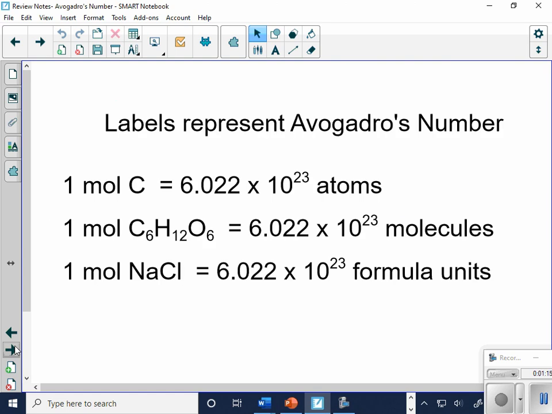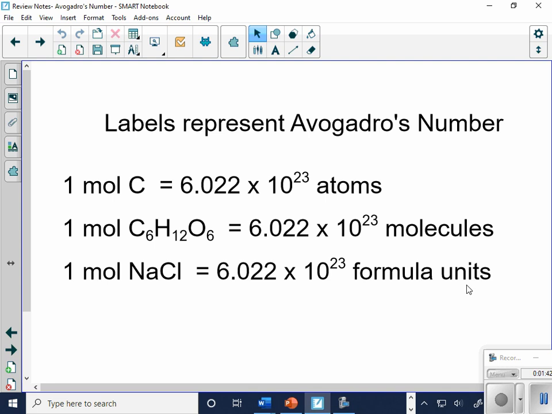Now, look at this slide that I have here, telling us about some certain endings here, okay? Atoms, molecules, formula units. Now, when we're dealing with these, ladies and gentlemen, we need to use the proper terminology.